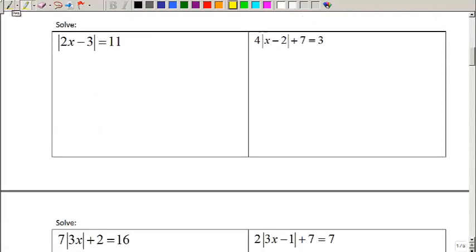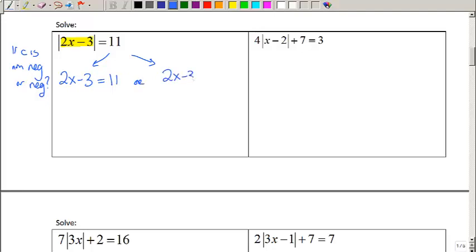Okay, for this first problem, let's make sure that my expression in the bars is isolated, and it looks like it is. Now identify if c is either non-negative or negative. In this case, 11 is positive, which means non-negative. So I'm going to split it up into two equations without the bars. The expression is equal to 11, or the expression is equal to the opposite of 11, or negative 11.